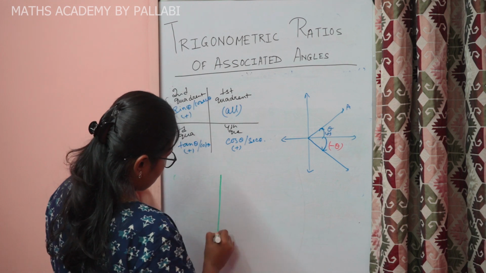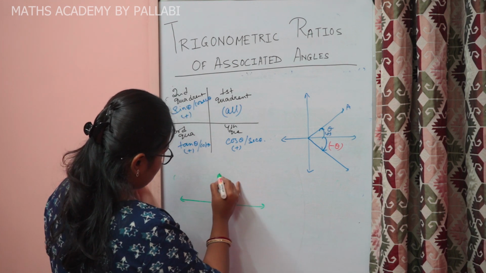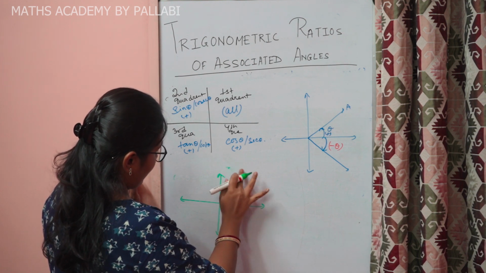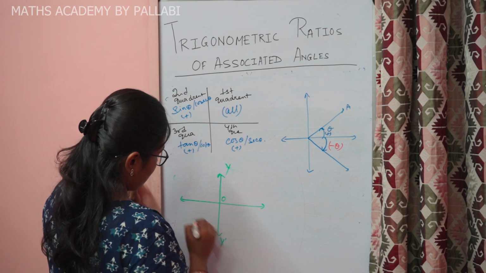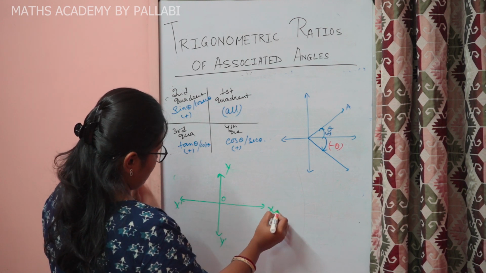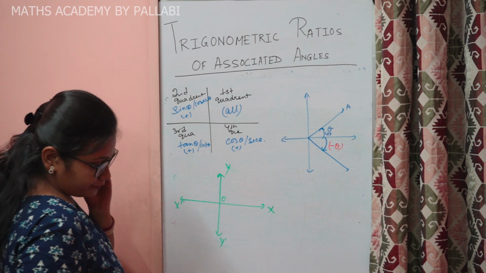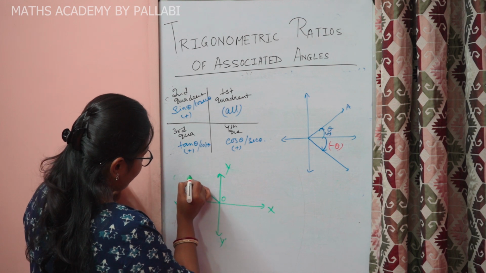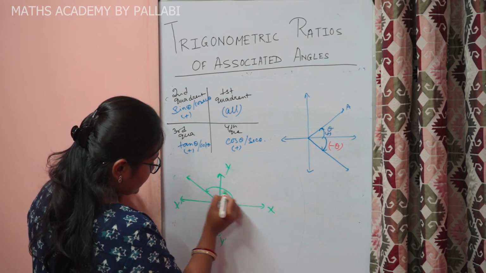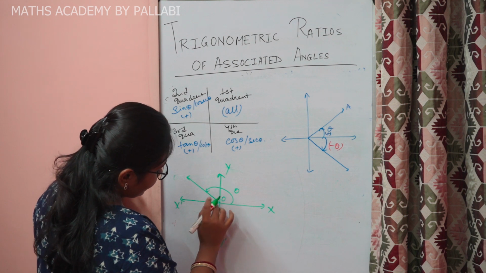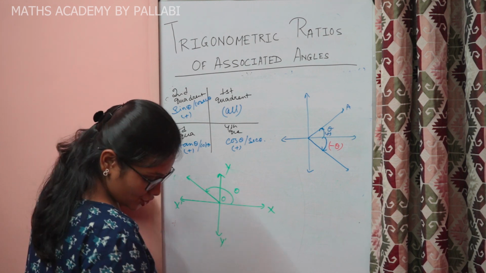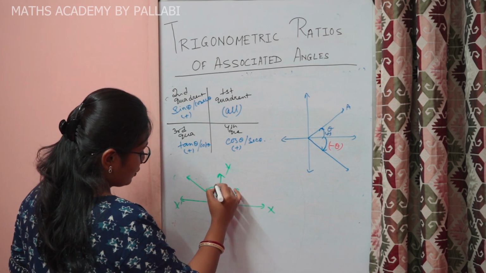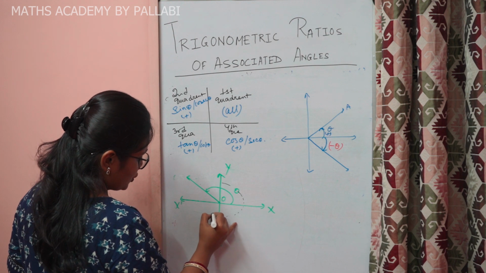Suppose the rotation is in this direction, second quadrant, it rotates in the anticlockwise direction. Suppose it rotates in the clockwise direction, so the position will be here.